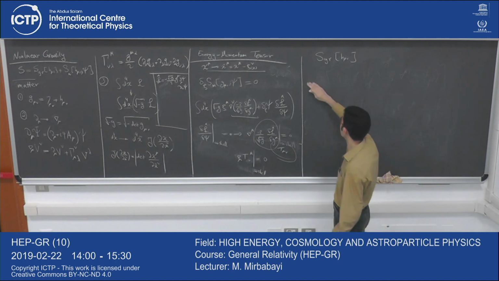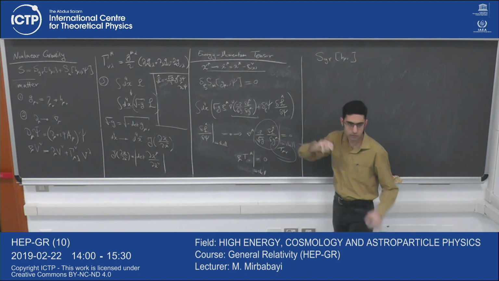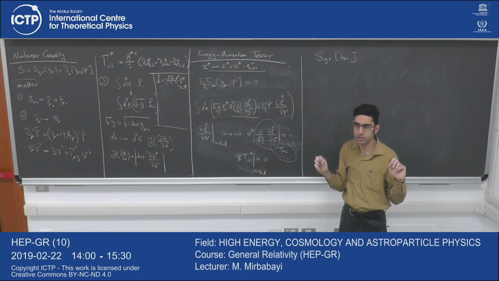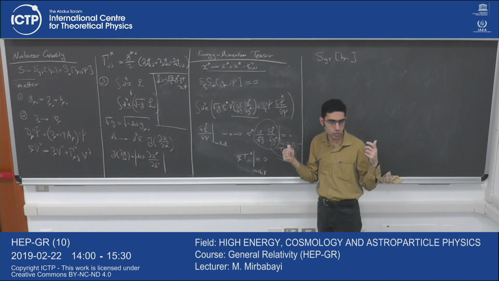So remember, we had some quadratic action for h mu nu that would give us the linearized equations for this spin 2 gravity.